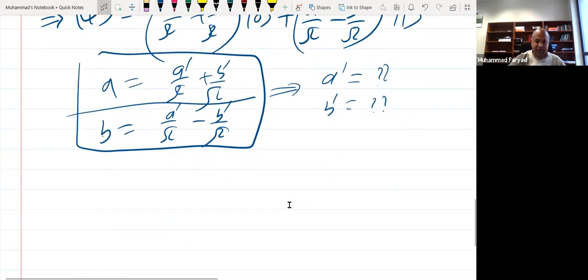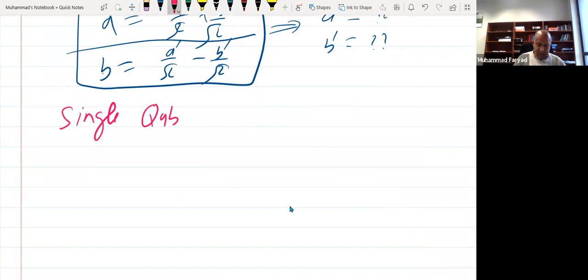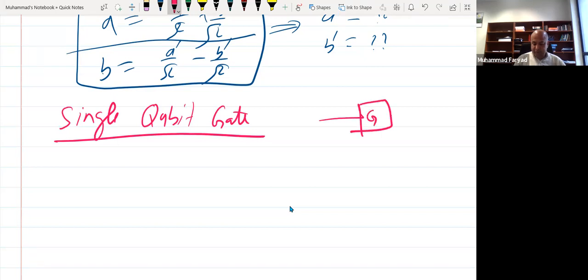Now, let's see how we can represent single qubit gates. Suppose I have some gate G, which is acting on some qubit Q0 and transforming it into Q0 prime.